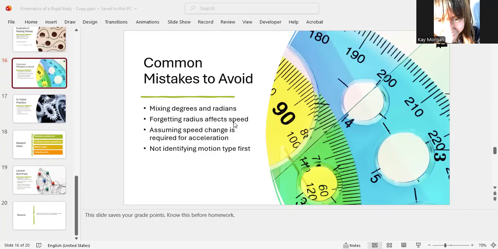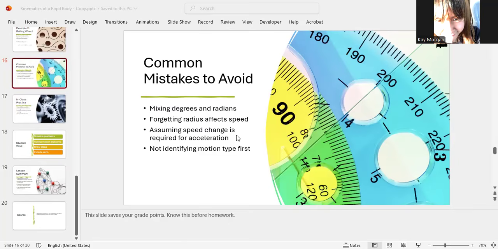The third mistake is assuming your speed must change for acceleration to exist. In circular motion, your object can move at a constant speed but you still have acceleration, because, linking it back to centripetal acceleration, there is a change in the direction. The direction of motion is always changing in a circular path.